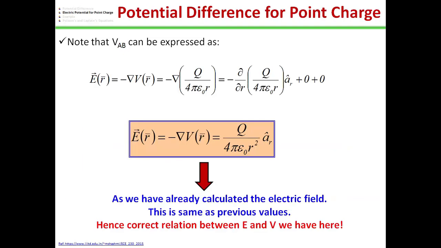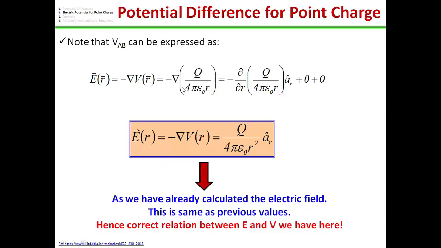Since we are calculating the potential difference for a point charge, the electric field E can be written as minus del V. That means the electric field is equal to minus the gradient of V. Here the minus sign signifies that the direction of the electric field is opposite to the direction in which potential V increases. That is, E is directed from higher to lower level of potential.